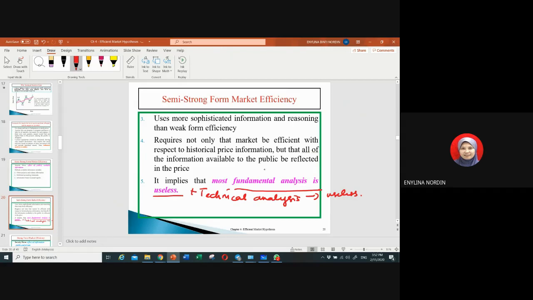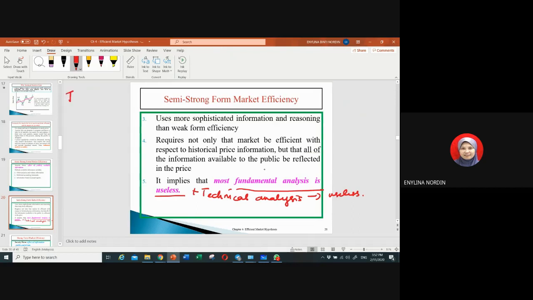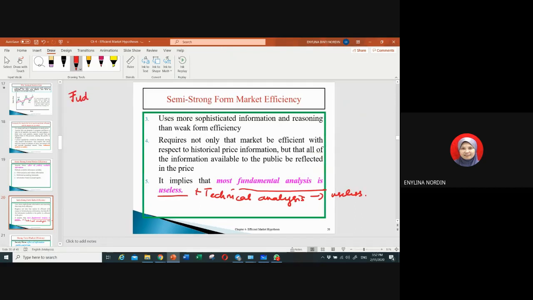So what is the meaning of fundamental analysis? Here we need to know the definition of fundamental analysis. Fundamental analysis is a study about the company using all available information.